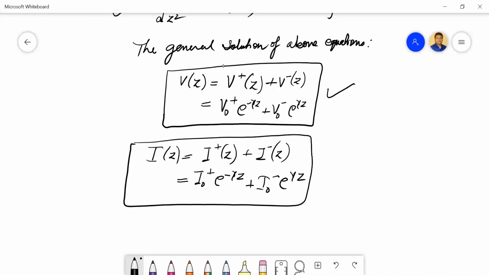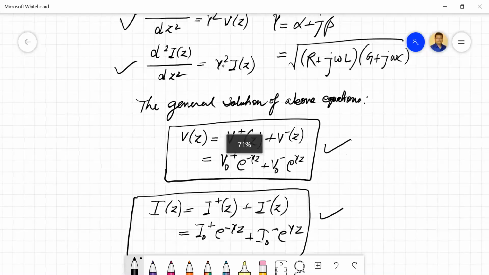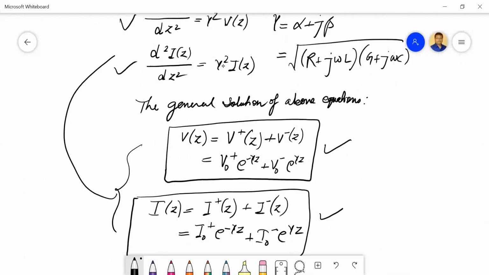So these are the two possible solutions for the second order differential equation.